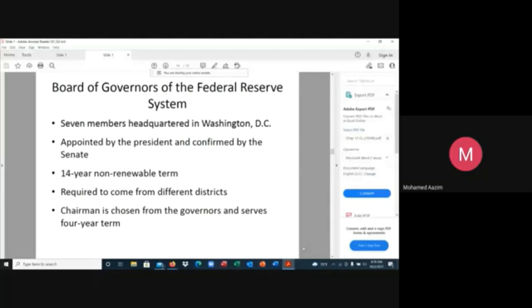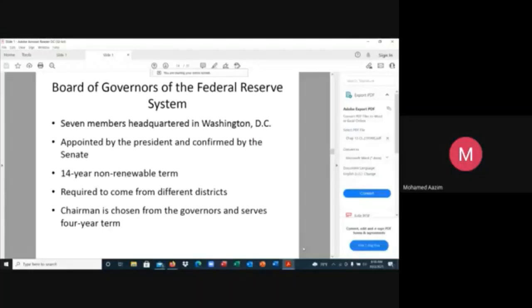And now Jerome Powell. These are the figures that have chaired the US Fed Reserve System, and they act as chairmen. And the term, appointment, and duration of serving as members of the Board of Governors as well as chairmen is very interesting in terms of how best they can perform their duties independently.